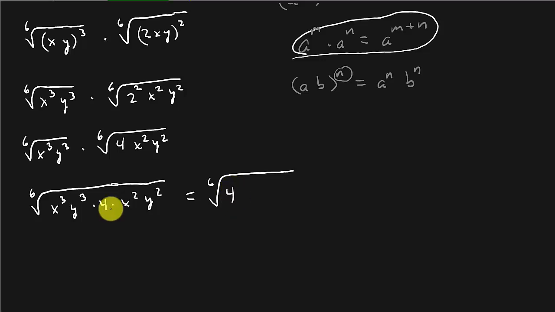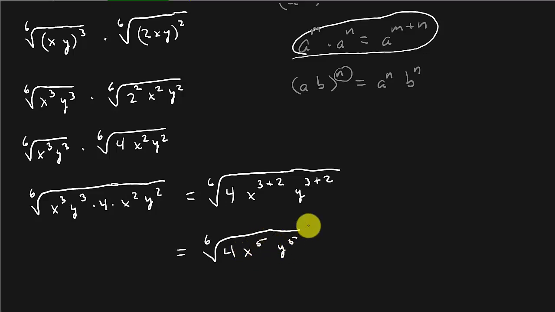I'm going to put the 4 first. That's x cubed plus 2, I've got 3 plus the 2, and that's going to be y cubed plus 2. And so this is going to be the 6th root of 4x to the 5th, y to the 5th. And there's your answer.